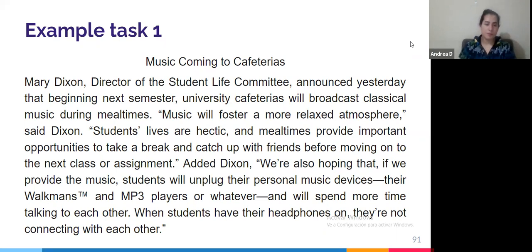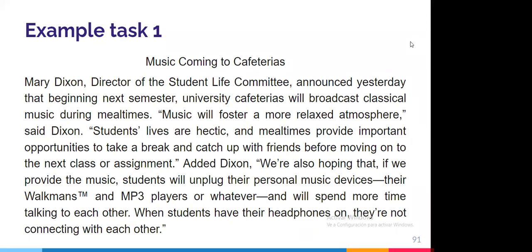Okay, thank you, Ariel. So what do you guys think about this? First of all, can anybody tell me what the change is? So what are they gonna do? They are going to play classical music in the cafeteria.